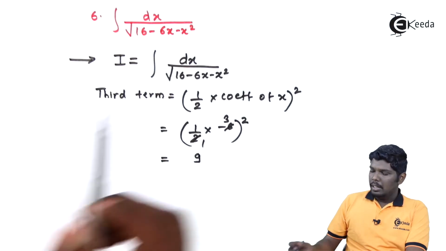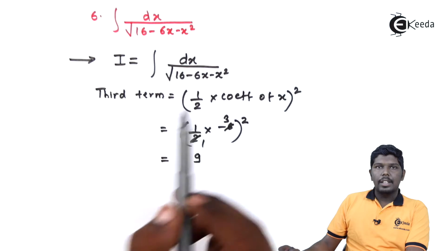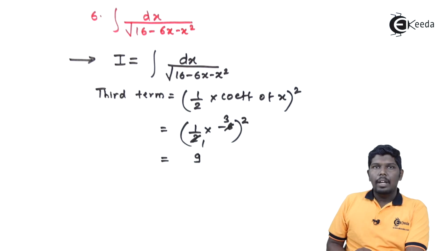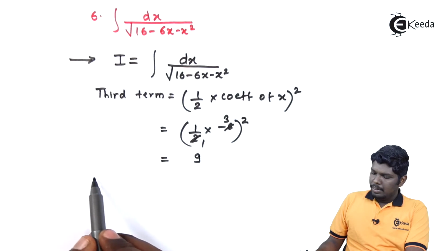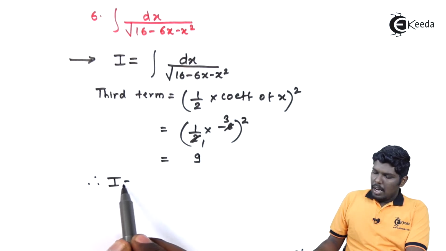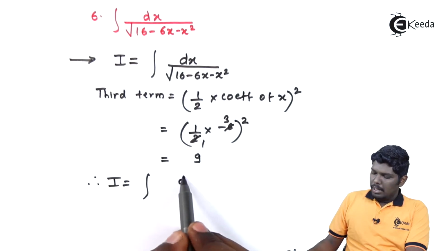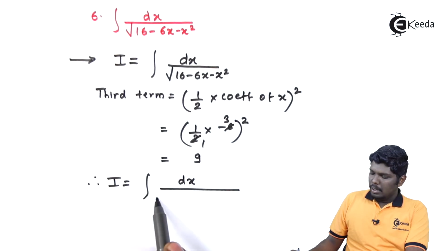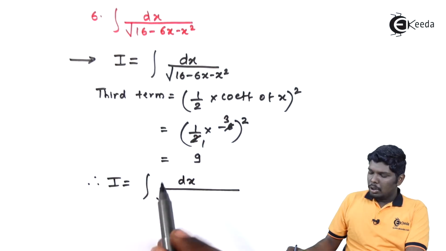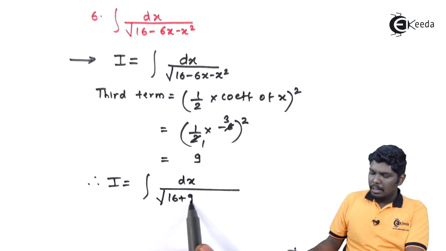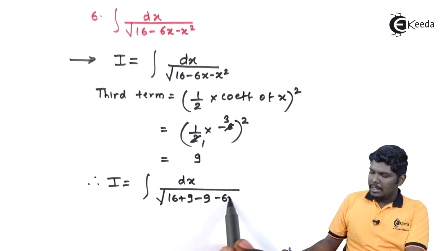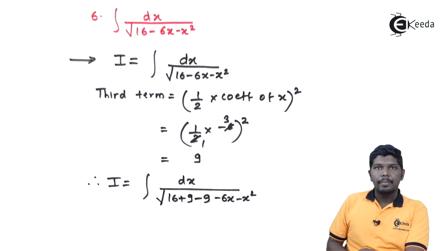Now as you can see, the sign of x square is minus, therefore we need to give it a negative third term, and we will balance it by the positive third term. I is equal to integral dx upon under root, for constant 16 we will give it plus 9, balance it by minus 9, and further we have minus 6x minus x square.